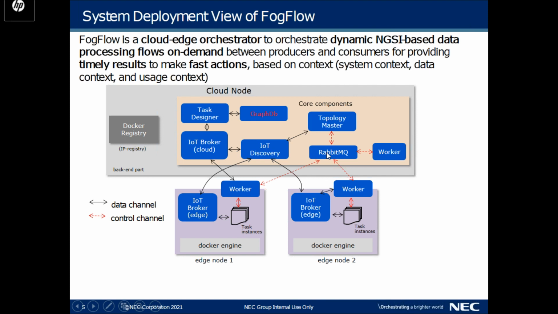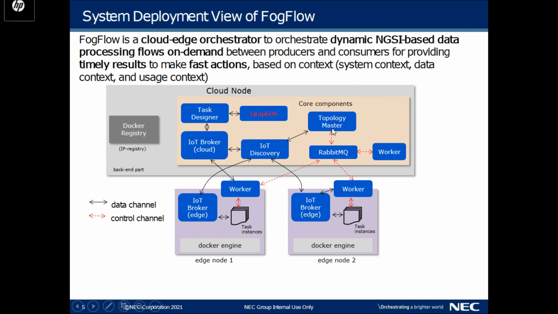We are using RabbitMQ just for interaction between the master and the worker. The master has the key responsibility of knowing what to do in a fog function you have created, how to send that data to the worker, which worker will get executed and where it will be executed. That knowledge, the execution plan, is created by the master topology.